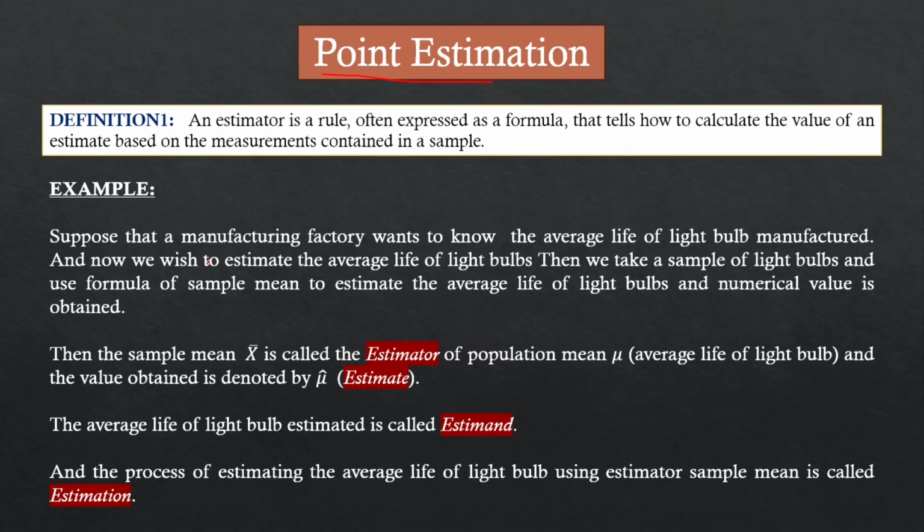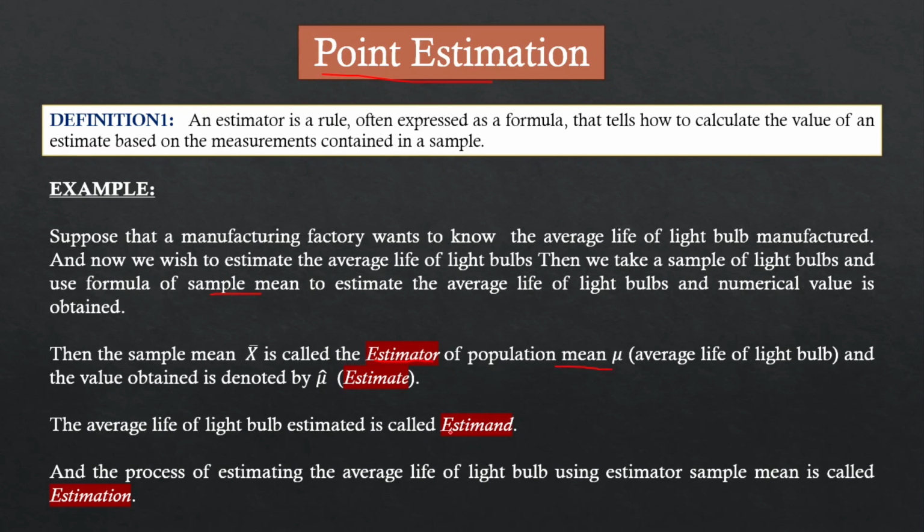Suppose that a manufacturing factory wants to know the average life of a light bulb manufactured, and now we wish to estimate the average life of the light bulb. Then we take a sample of light bulbs and use the formula of sample mean to estimate the average life, and a numerical value is obtained. Then the sample mean x bar is nothing but the estimator of what? The population mean mu.